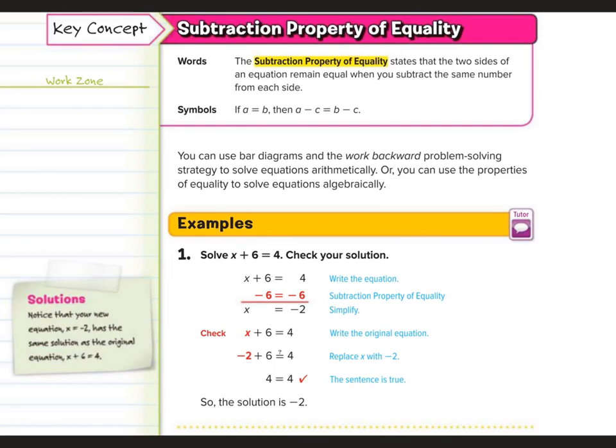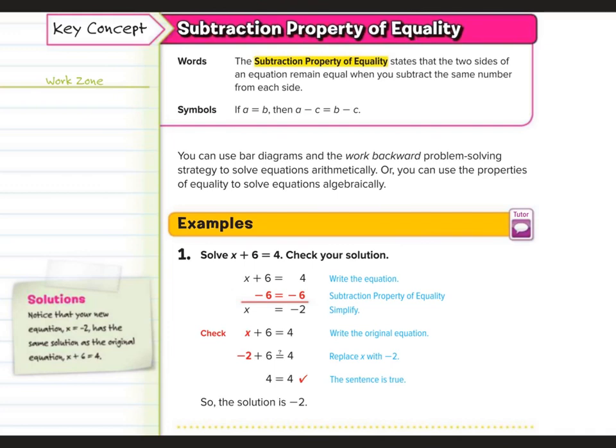To give us a simple example, A equals B. Then if I subtract C from both sides, they still remain equal. You can use bar diagrams and the work backward problem solving strategy to solve equations arithmetically, or you can use the properties of equality to solve equations algebraically.